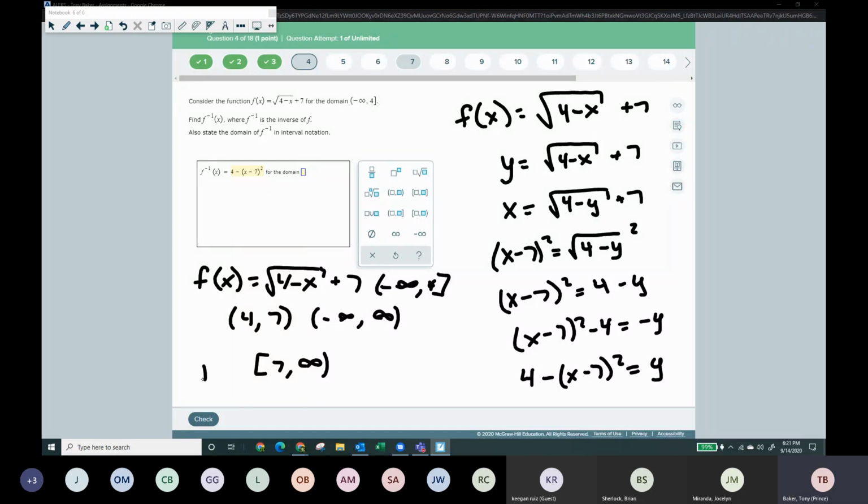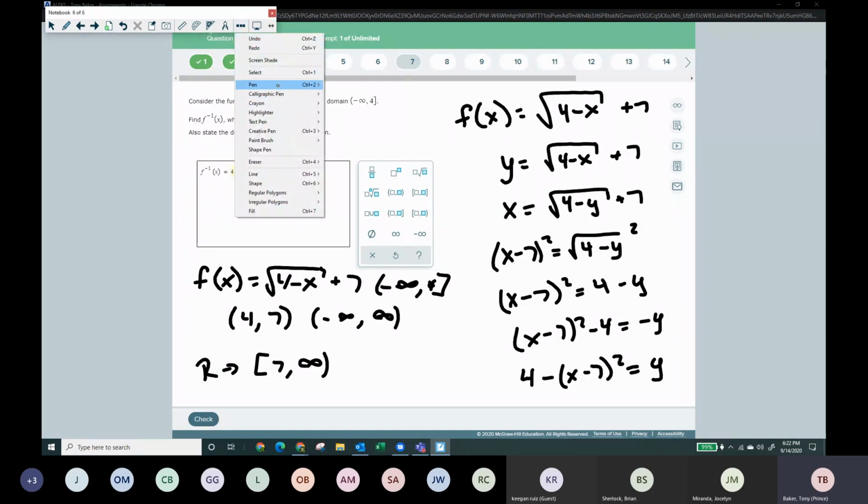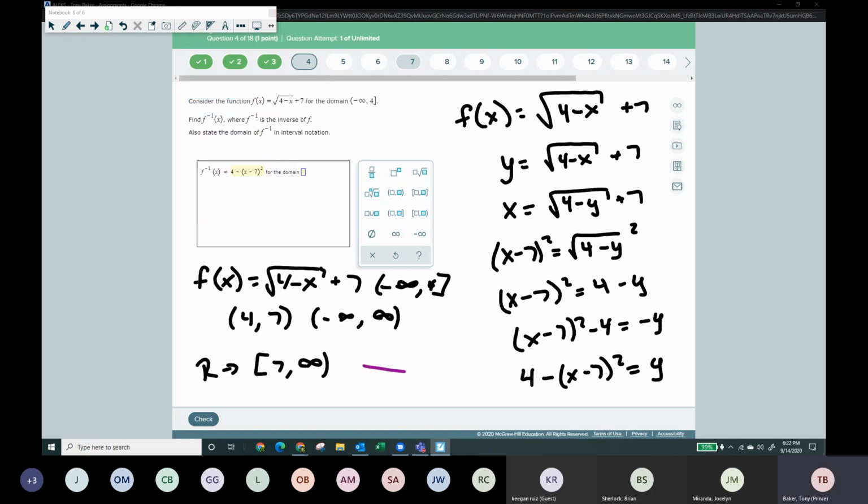Since that's my range of that function, when I go over to my inverse function here, that becomes my domain of my inverse function. So my domain is 7 to infinity. Does that make sense to everybody?